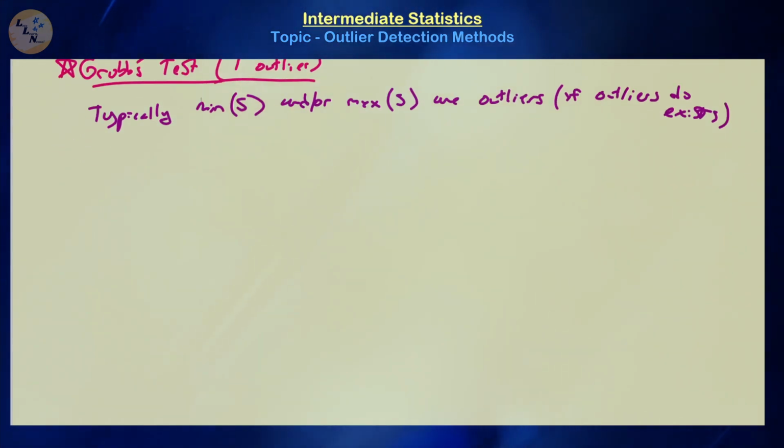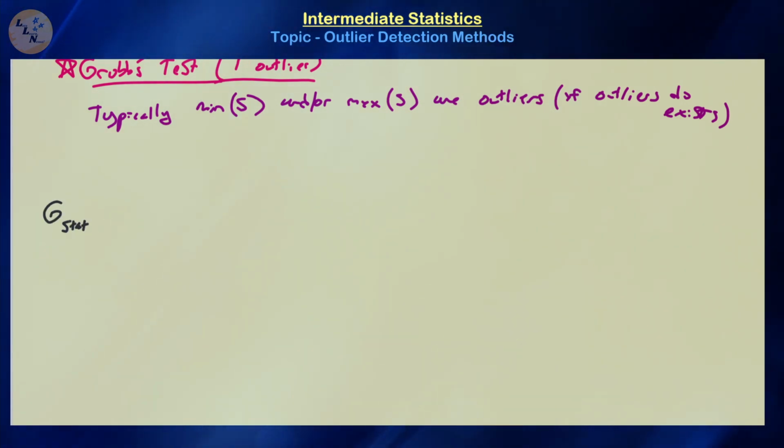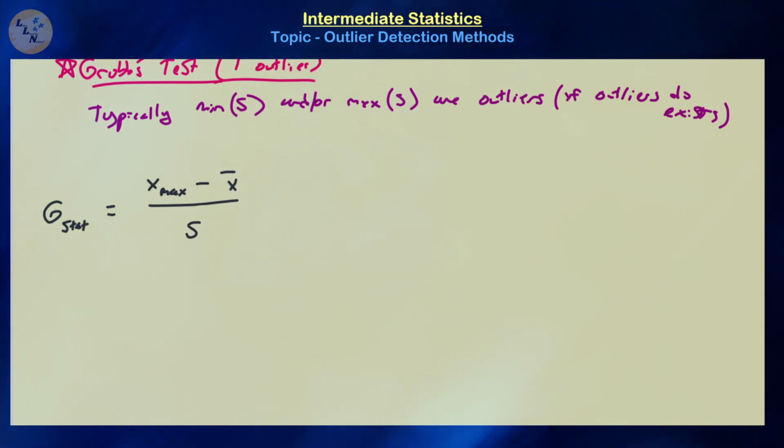So what is the test statistic for the Grubbs test? The test statistic, which I'm going to represent as G-stat, is defined to be equal to the maximum value minus the mean, divided by the standard deviation. If you know sigma, use sigma, but usually we don't, so we usually use S. That's if you're proposing that the maximum is the outlier, or you can use the minimum.